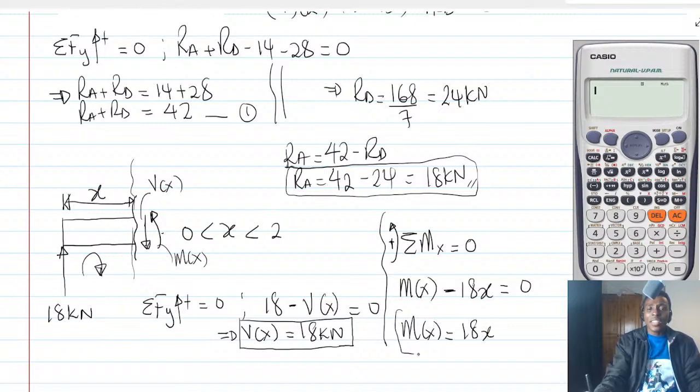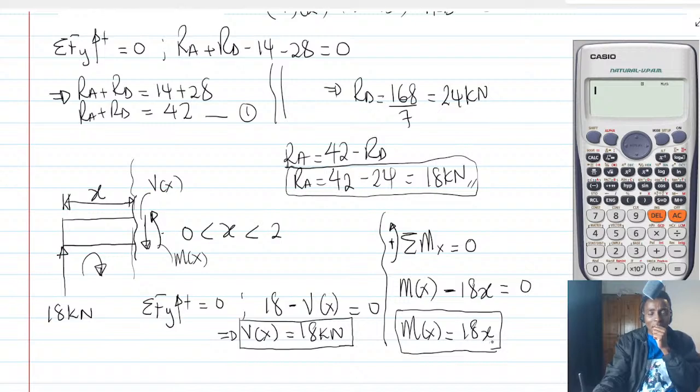18x. Now, interestingly, what this means is that the moment function itself is actually a function of x. Okay? The moment is a function of x. Think about 18x as a straight line with slope of what? 18. And then x is going to change.